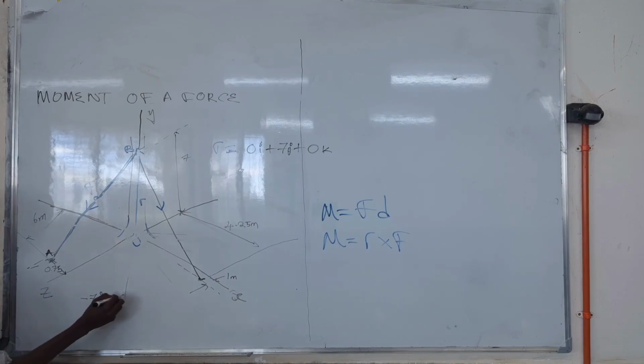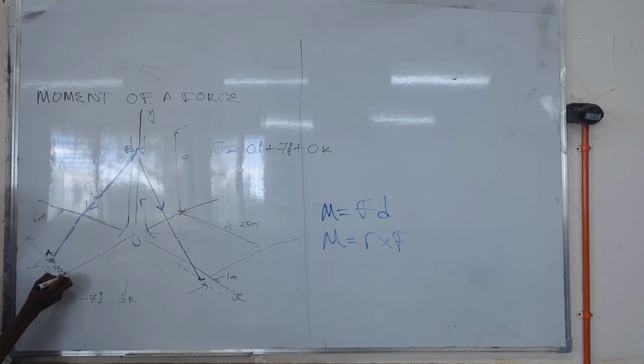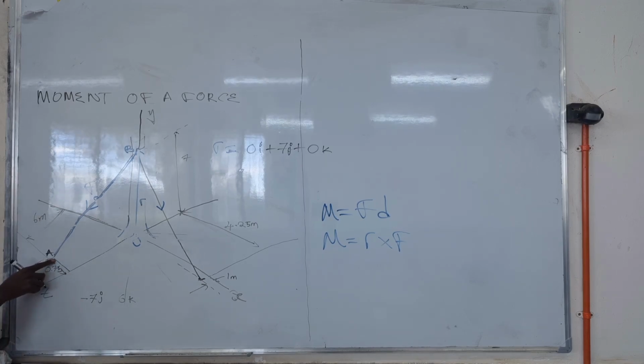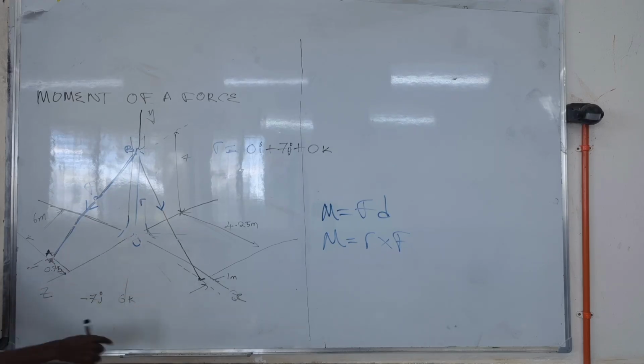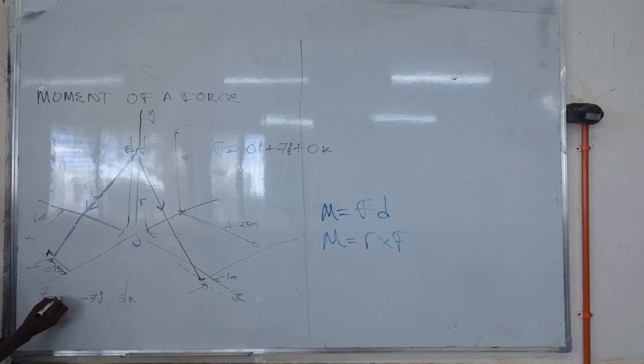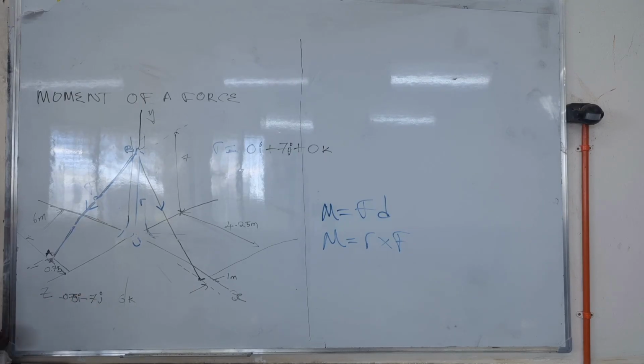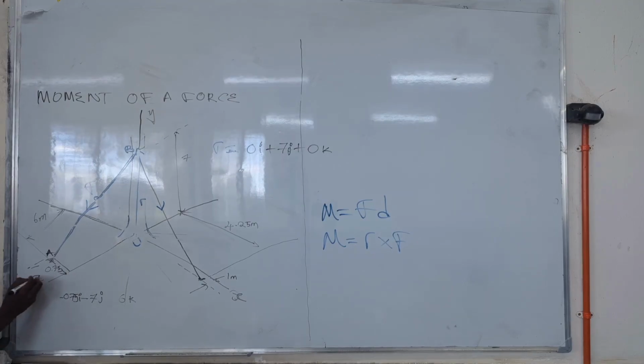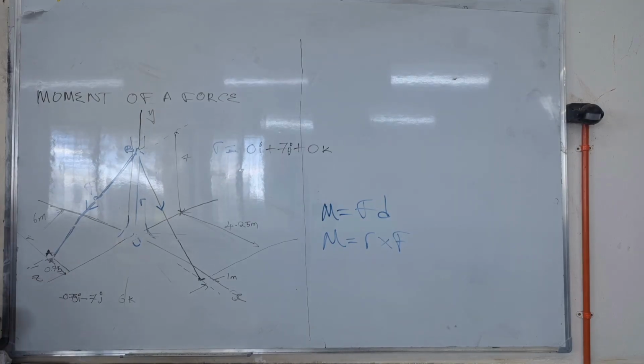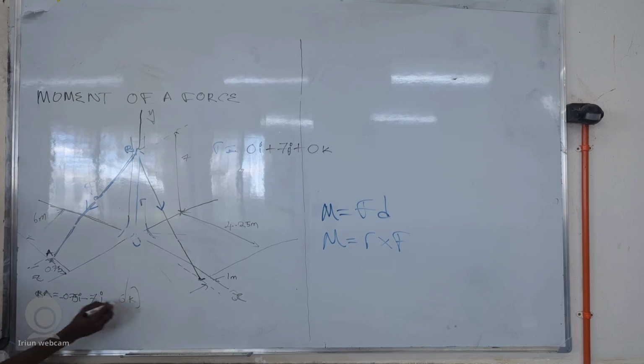Positive. So that's 6k. Then we are going like this, that is negative 0.75. Since the positive is this side, we're going to the negative. So it's negative 0.75 i. So that is the distance from B to A.